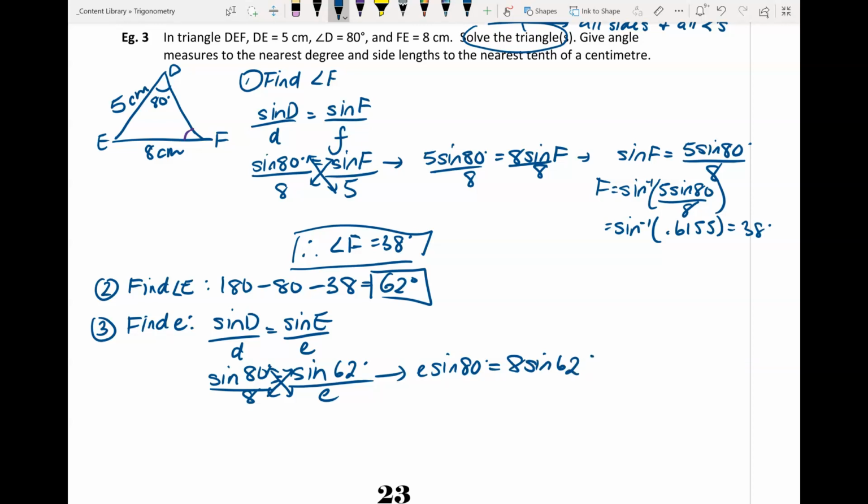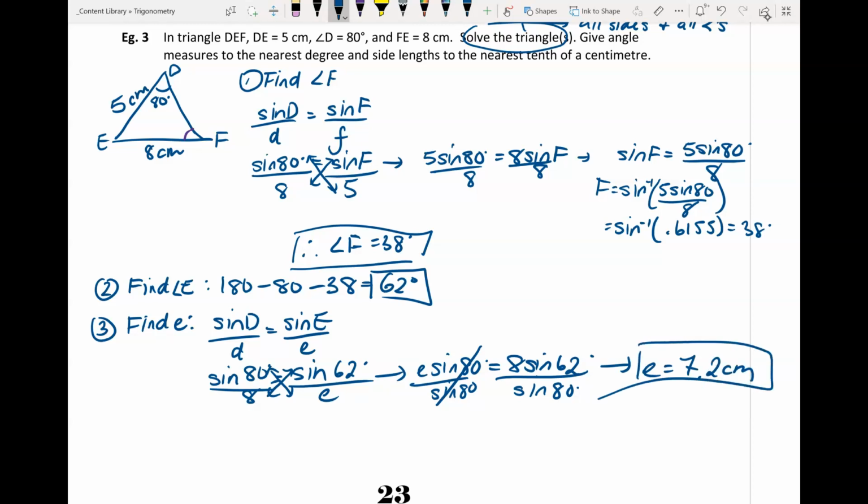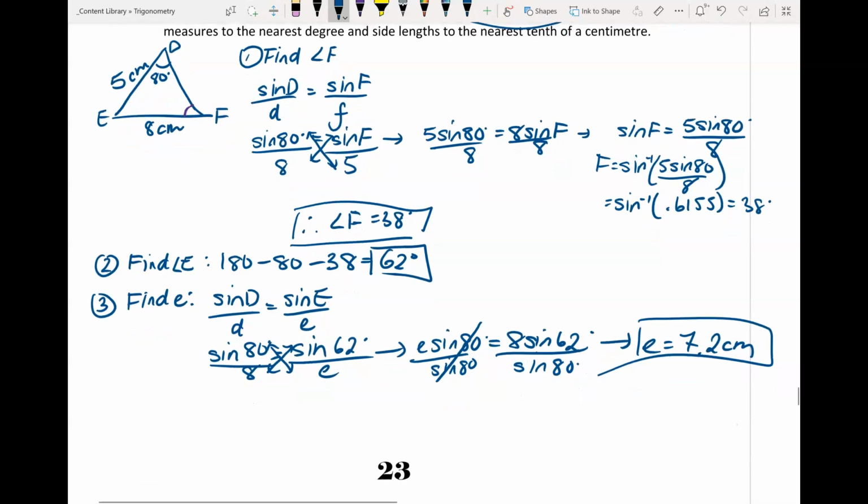And since I'm looking for E, I'm going to divide both sides by sine 80. We're going to plug in 8 sine 62 divided by sine 80 in our calculator. You should get 7.2 centimeters as your final answer for side E. So we found angle E, angle F, and side E. So we have all the information about that triangle.